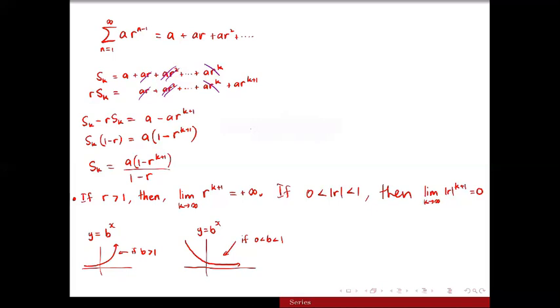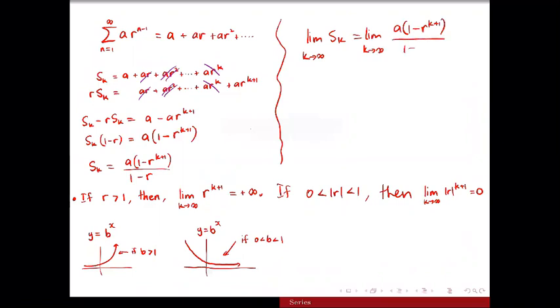So what does this mean? The limit of S sub k as k approaches plus infinity is equal to the limit as k approaches plus infinity of a times 1 minus r to the k plus 1, over 1 minus r.